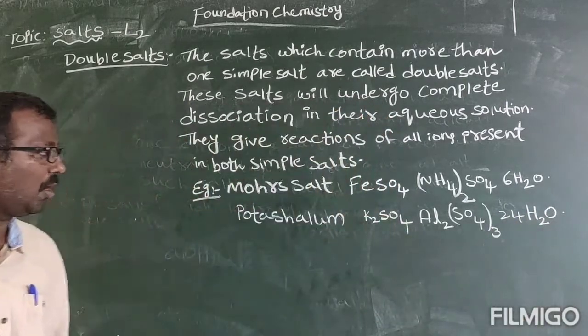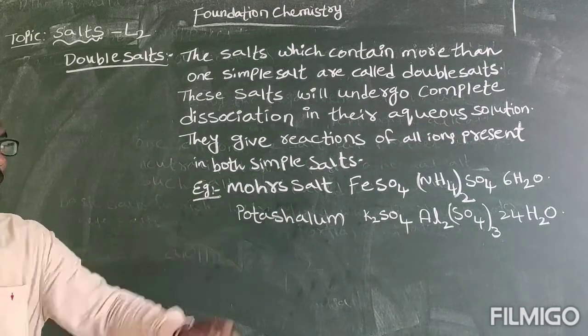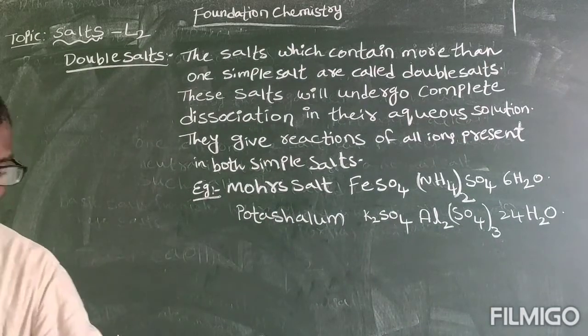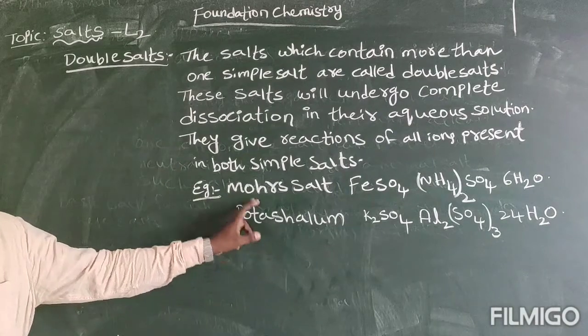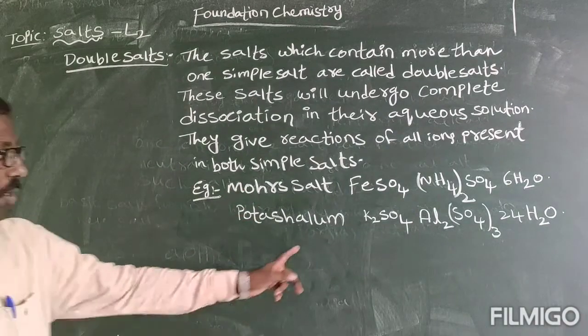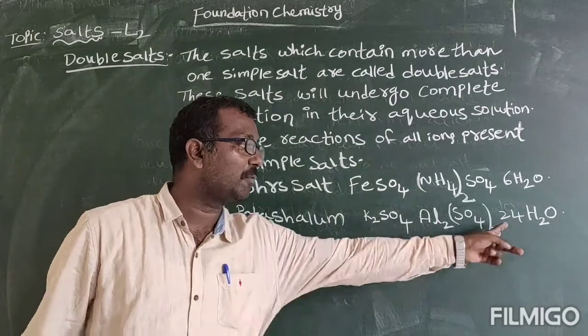This is the formula of potassium alum. So double salt examples are Mohr's salt and potassium alum. Two salts are present along with water molecules.